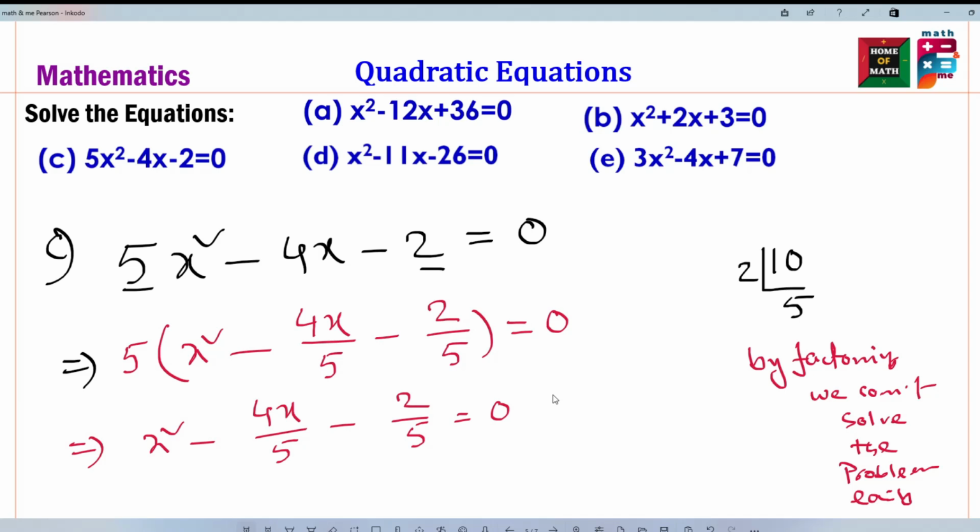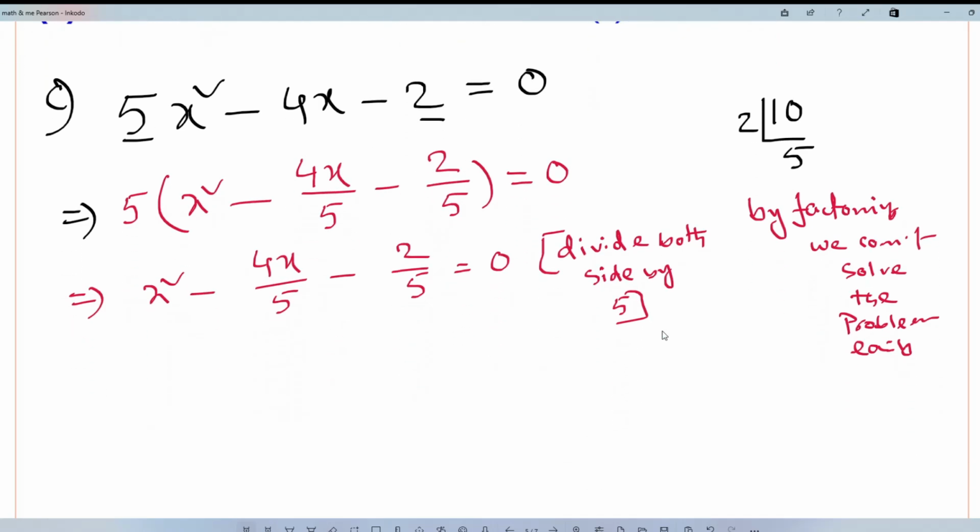We can divide both sides by 5. Now look, our plan is to make the solution by the completing square method.